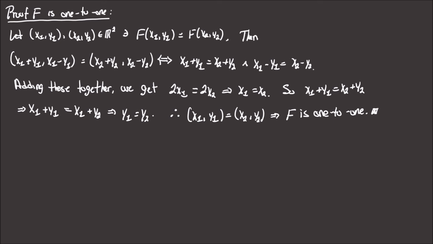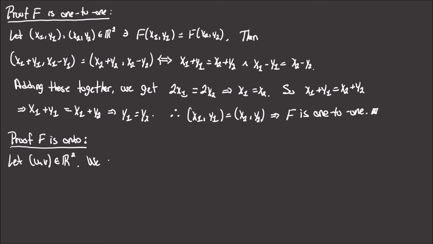All right, so now we have to prove f is onto. What that means is we have to show that for any ordered pair u, v in R squared, we can find an x, y in R squared such that f of x, y is equal to u, v.